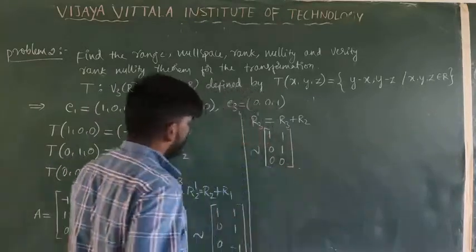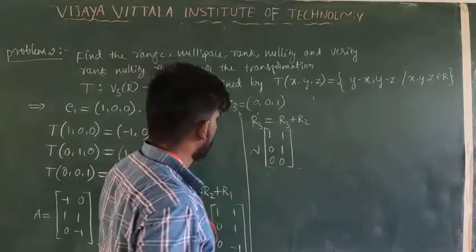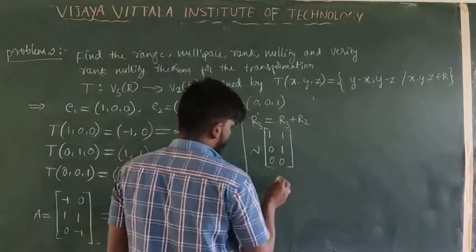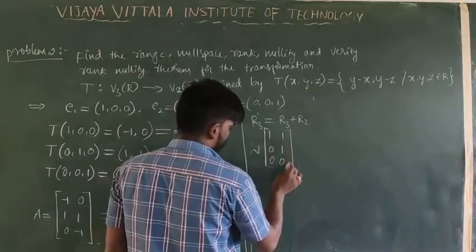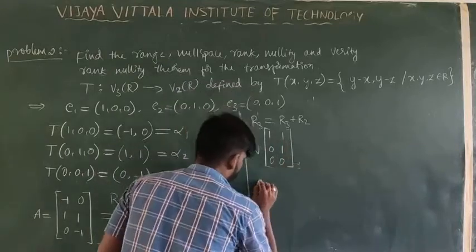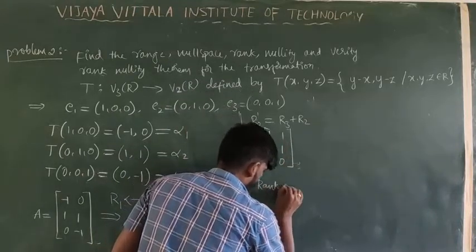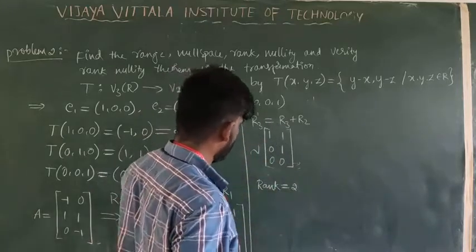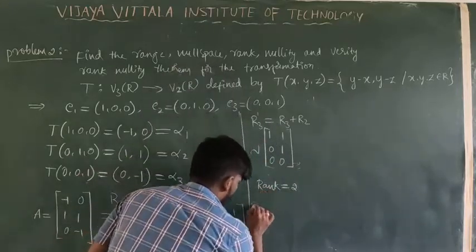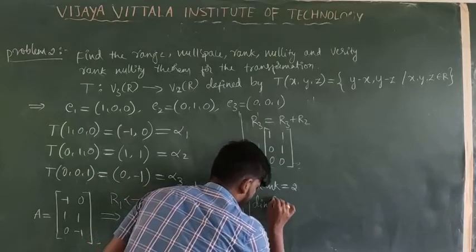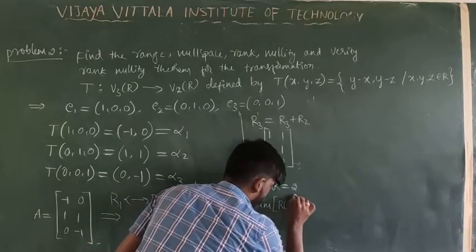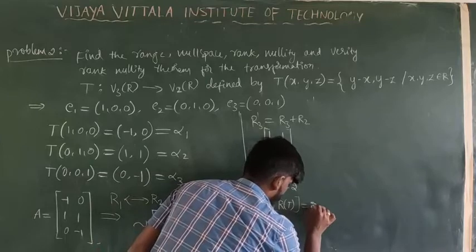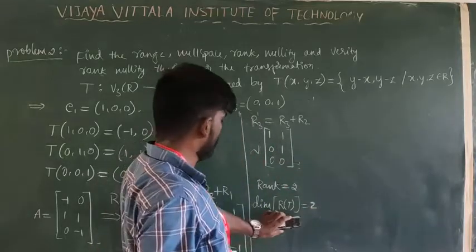Therefore, the number of non-zero rows in this matrix is 2. This is a 0 row. Therefore, the rank is 2. Number of non-zero rows becomes the rank. Rank is nothing but the dimension of the range space, which is equal to 2.